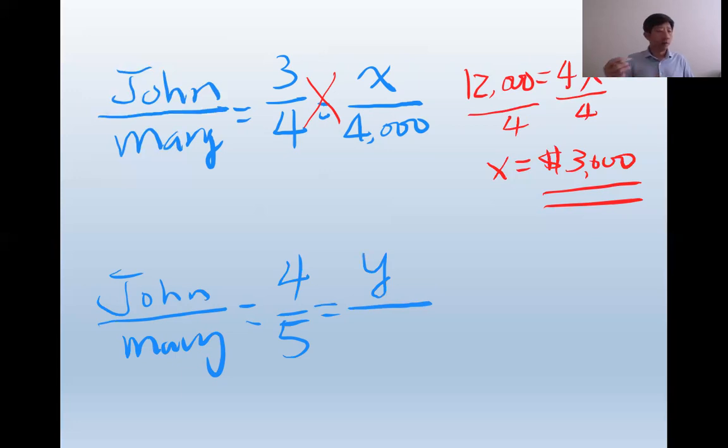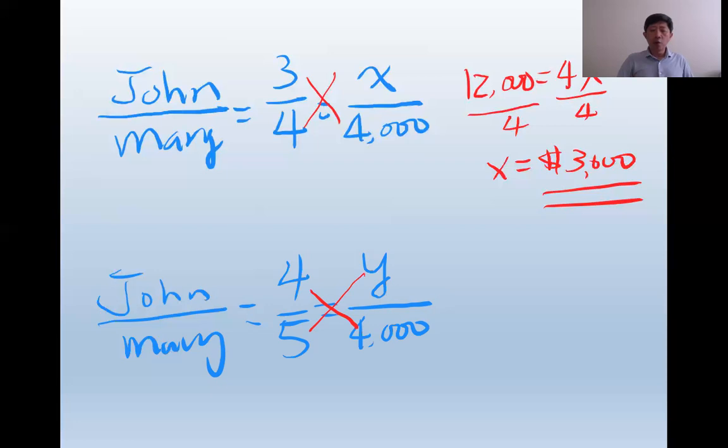Do I have the information for Mary's salary? Right, John got a raise, but Mary did not, so Mary still has 4,000, right? Now again here, we cross and multiply, then we can find out how much John's salary is after the raise, okay?